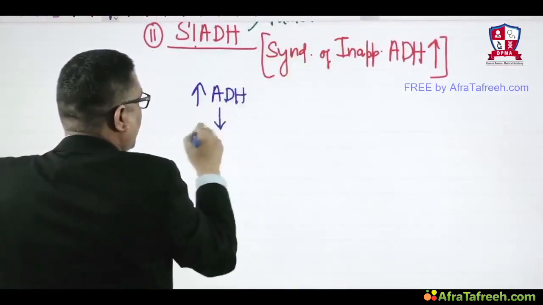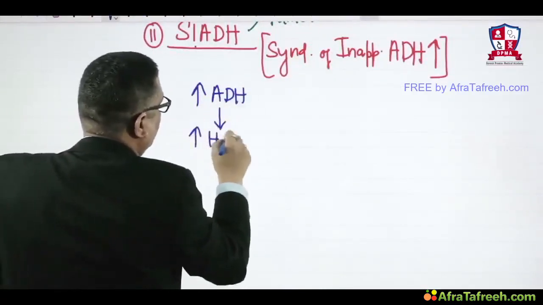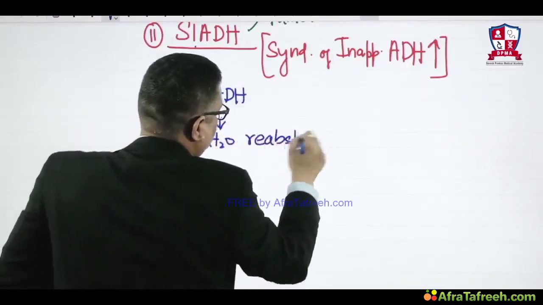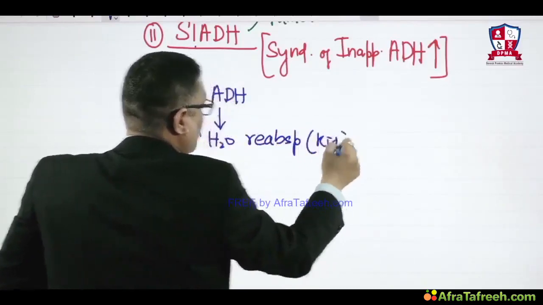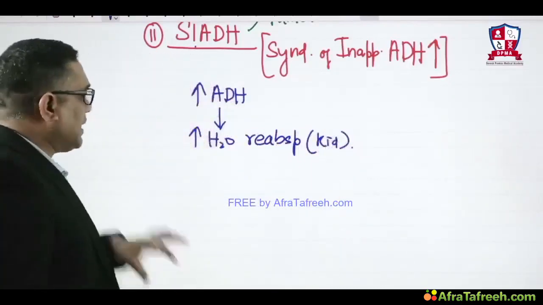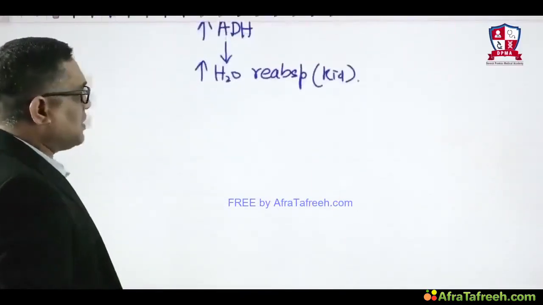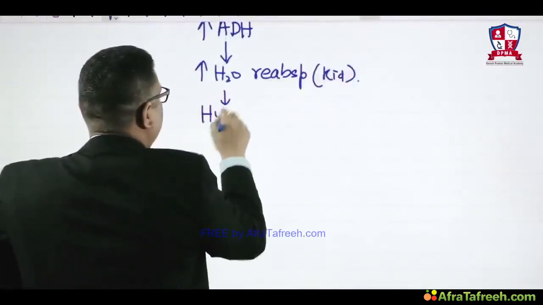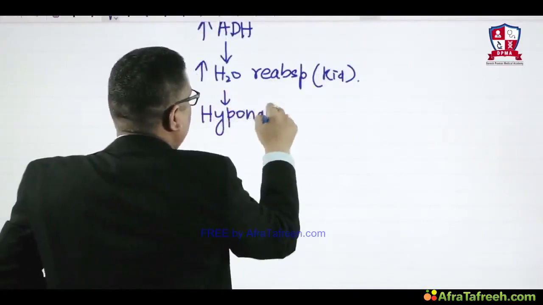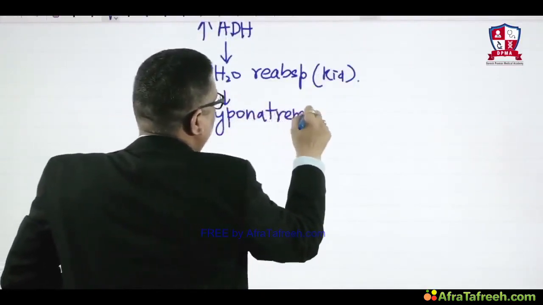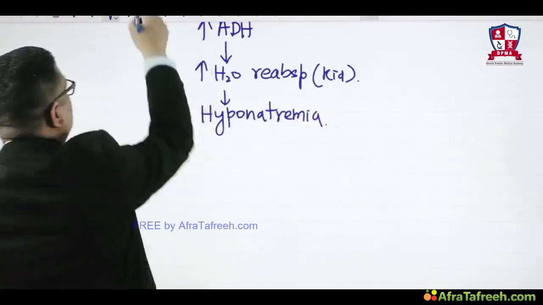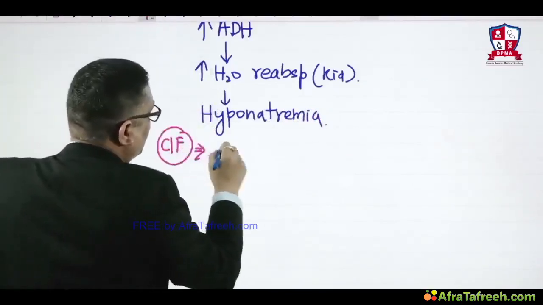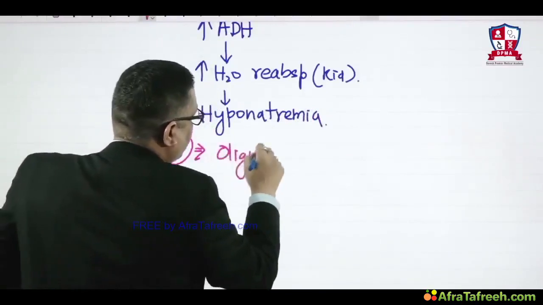If there is more ADH, there will be more water reabsorption in the kidney, right? So because of more water reabsorption in the kidney, there will be dilutional hyponatremia. So what will be the presentation of this patient? When you see clinically, this patient will be showing oliguria, right?